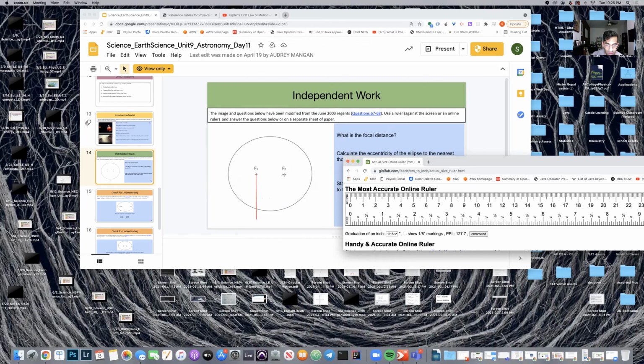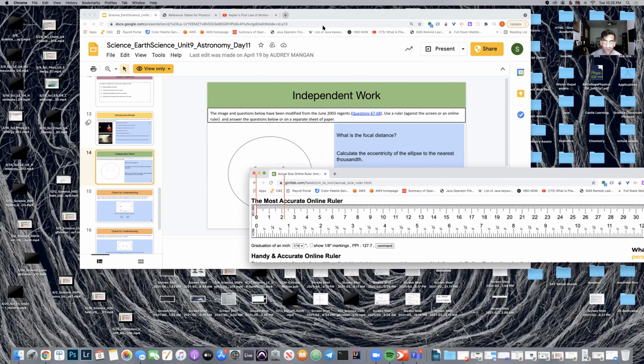And then I will draw another one at F2. And now I'm going to move my ruler into this area and set it on 0. And we have a focal distance of roughly 2.2 centimeters. All right. So that's what I'm going to put right here, 2.2 centimeters.